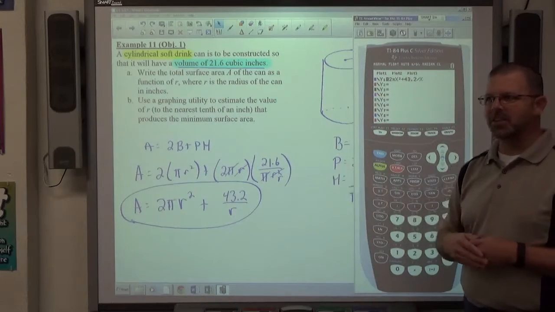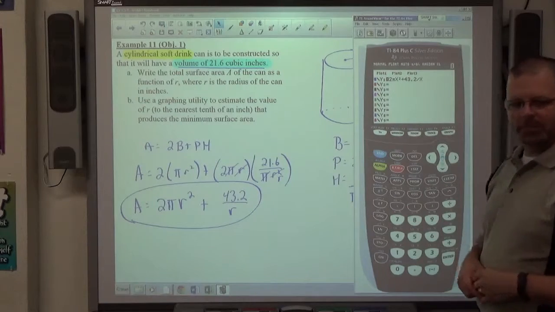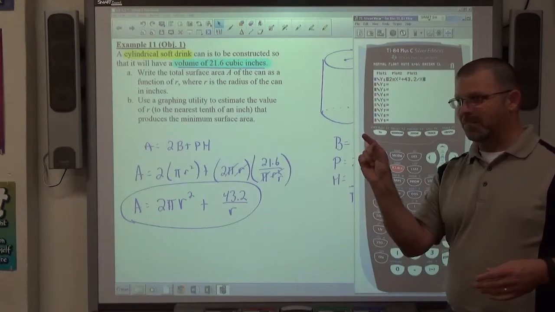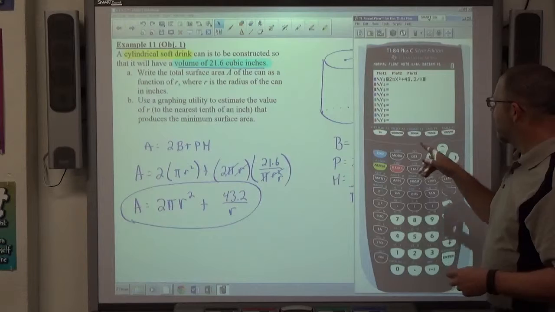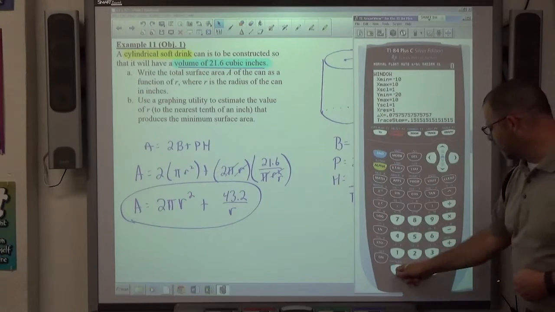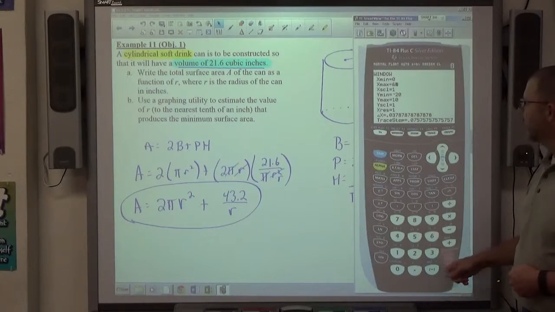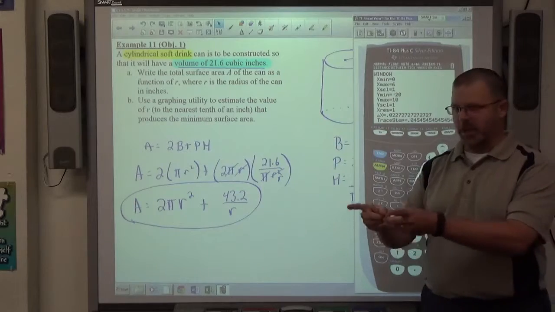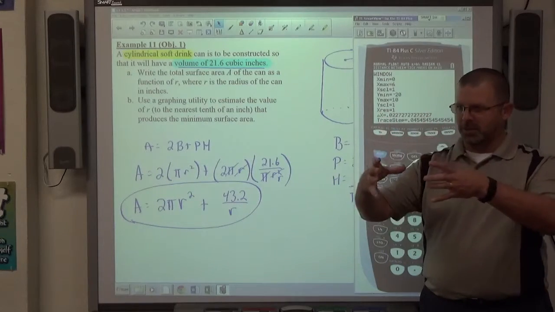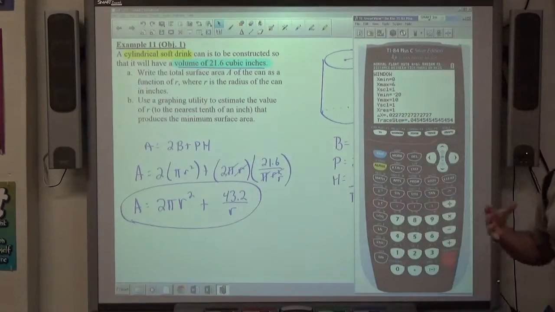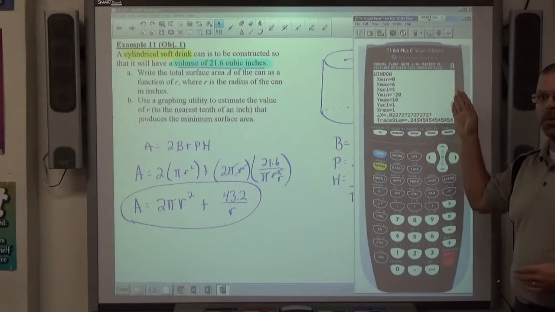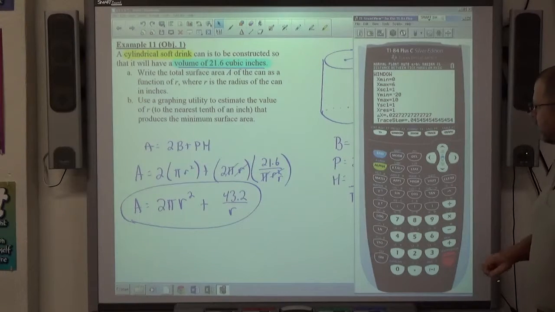Looking at a regular drink can, it's not very big, and this is in inches, so for my window I'm going to start at 0 and maybe go to a 6-inch radius. A drink can with a 6-inch radius is probably not right. So the answer should be between 0 and 6 based on my own experience.